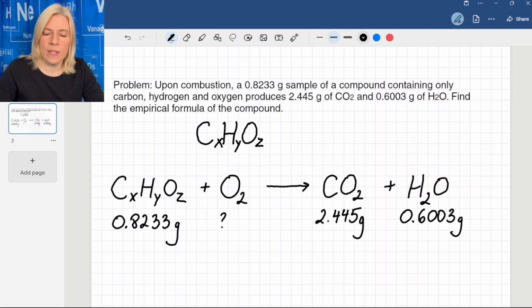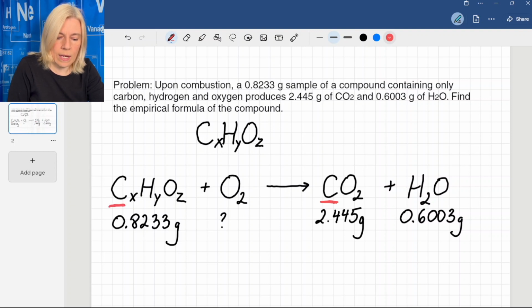Let's think. In empirical formula, I knew either masses of my elements or I knew percent composition by mass. How can I get that information? Well, let's look at our equation, and we realize that all of this carbon had to come from this carbon. This is the same carbon.